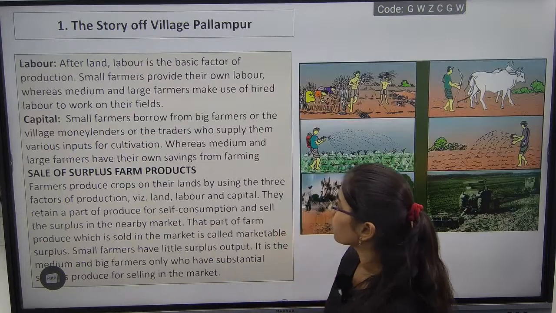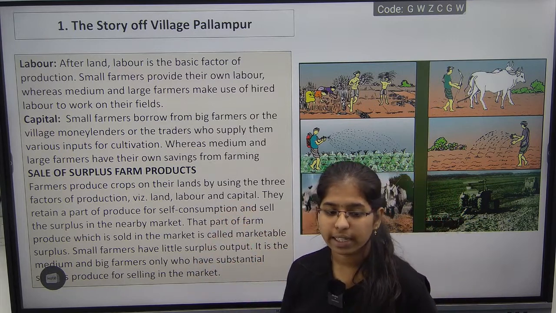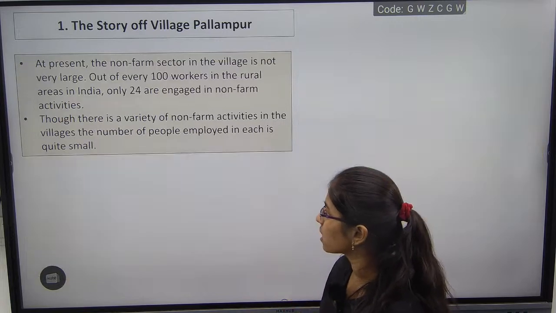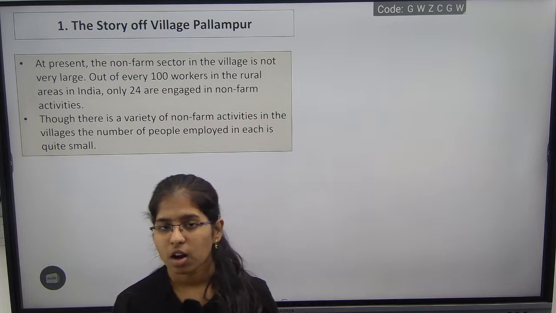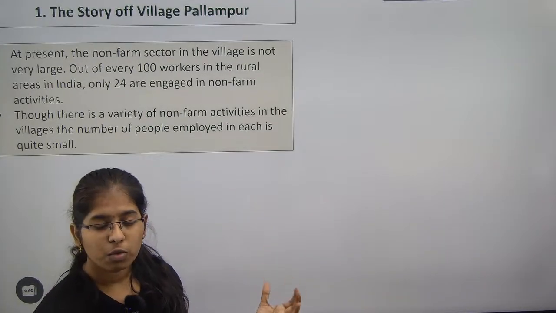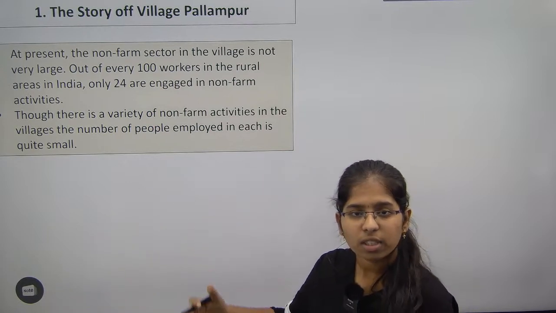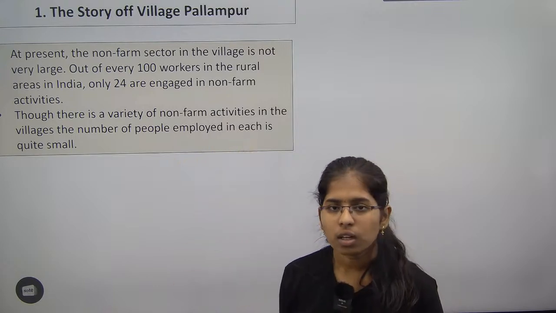And again, how labor and capital were there, and the sale of surplus from the farm products, and how many members were involved in the farming sector and non-farming sector. In the non-farming sector, the number was quite low. Although they have different varieties of non-farming activities, the number involved is quite low.